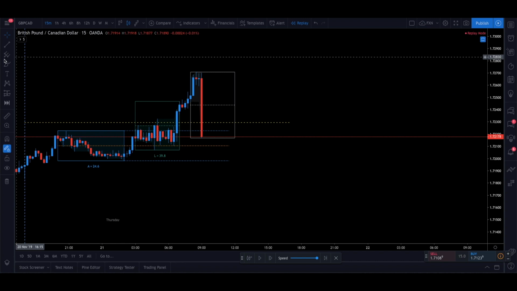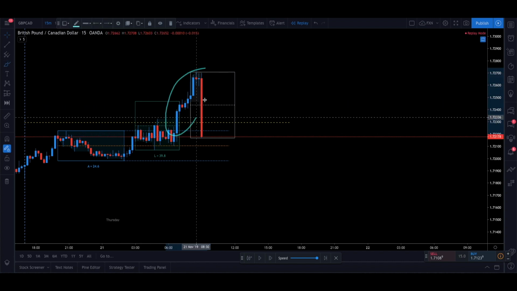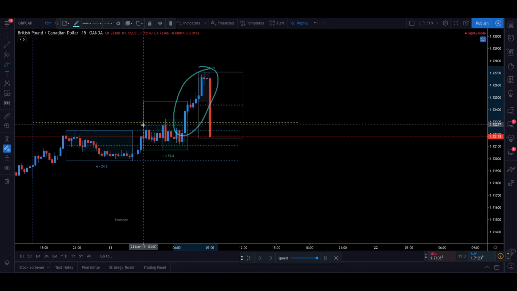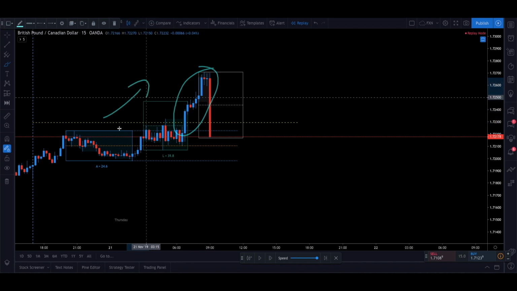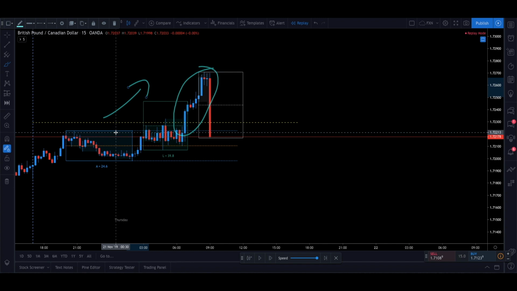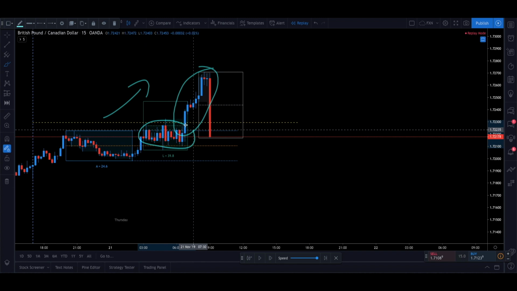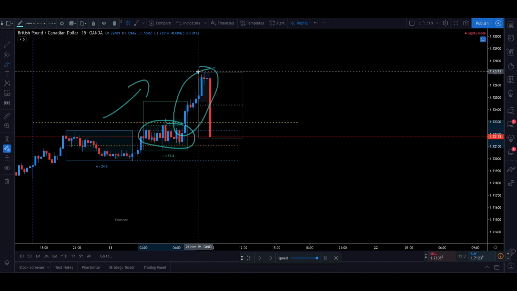This move here is a false move. The reason they did this move is because they didn't have enough people convinced going long. So because they didn't get enough people to go long, they're like, I'm going to show you long, right? And they break yesterday's high and go up 32 pips.